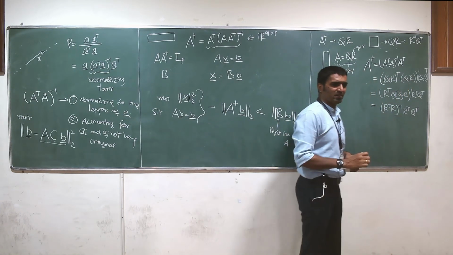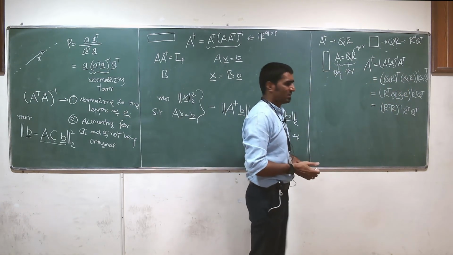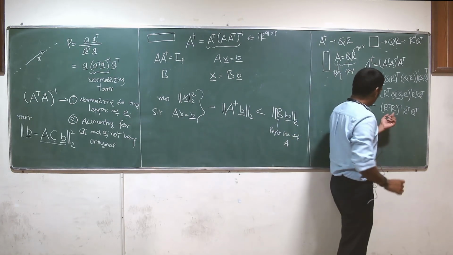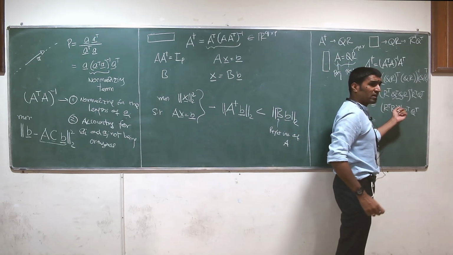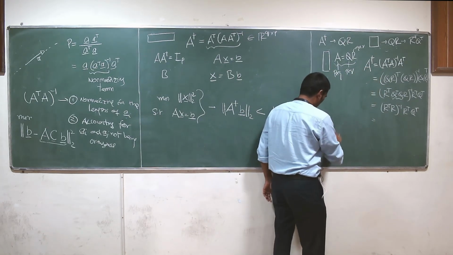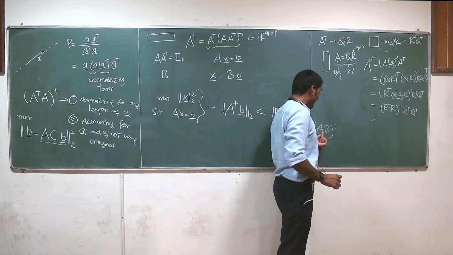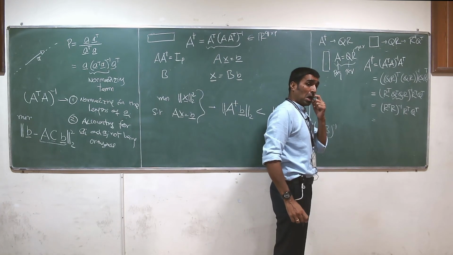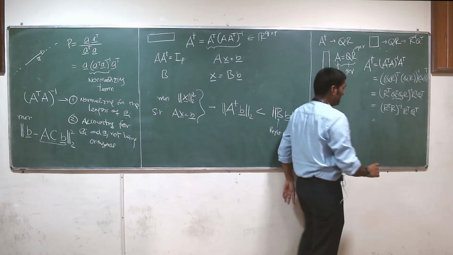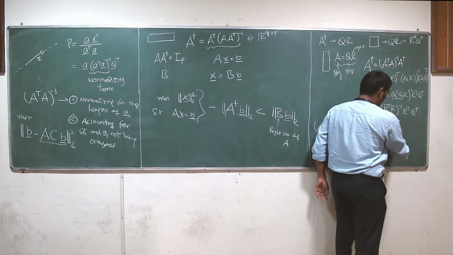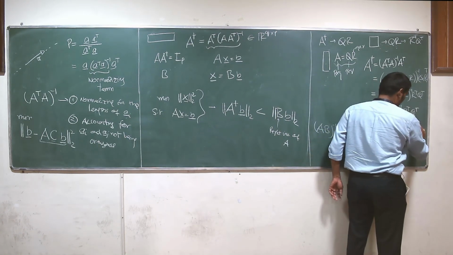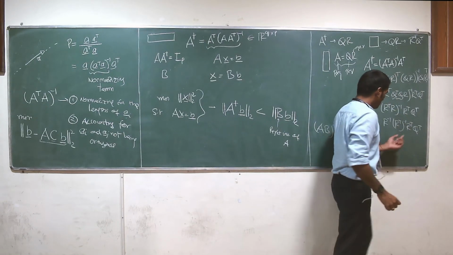What do we do here? It's inverse, no? So it won't be R transpose. What is AB inverse, assuming that both A inverse and B inverse exist? This is simply B inverse A inverse, right? So this will be R inverse, R transpose inverse, R transpose, Q transpose.